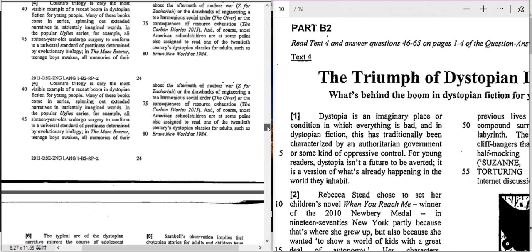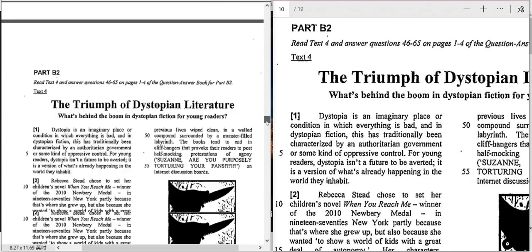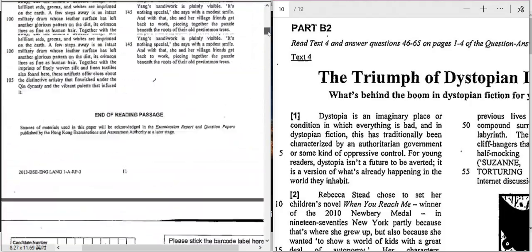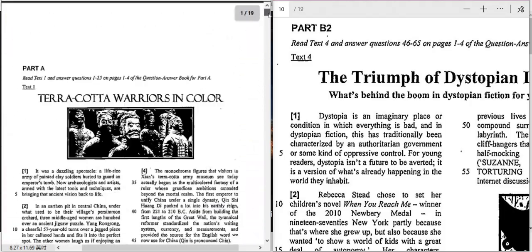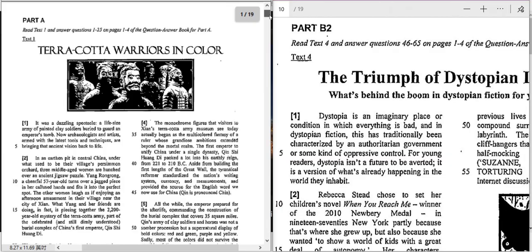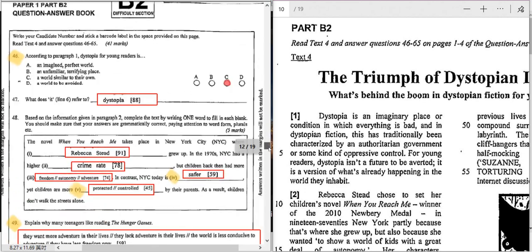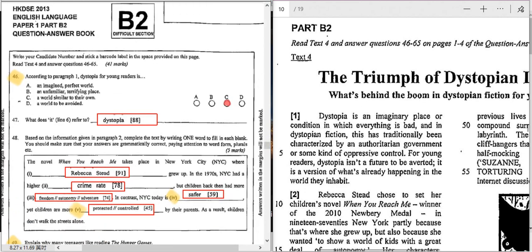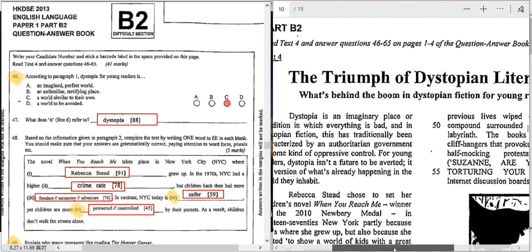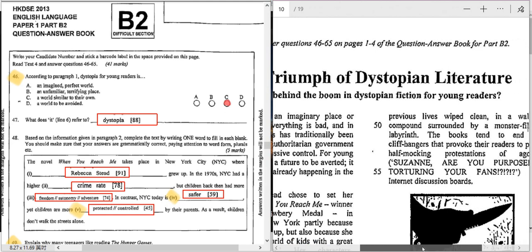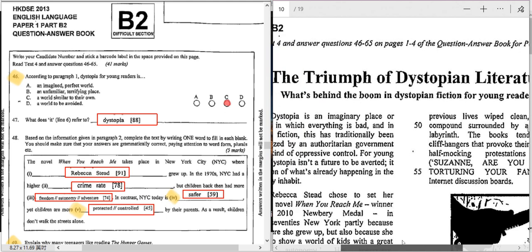So a very quick recap. Last time we covered the first passage in part A, Terracotta Warriors in Color, and this time we are moving on to a very different subject matter, which is dystopian literature. The triumph of dystopian literature.